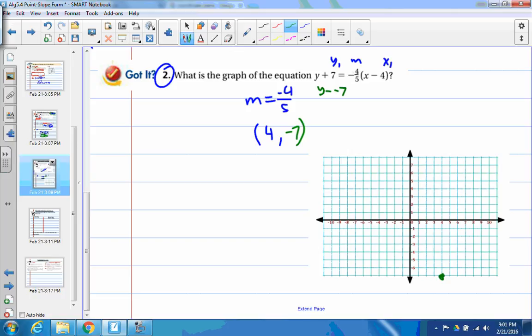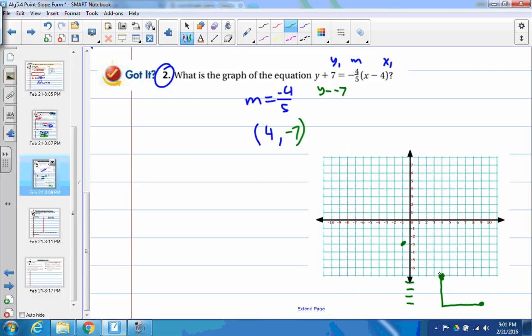So I'd go down 1, 2, 3, 4, and over 1, 2, 3, 4, 5. So it'd be right about there. I can also go backwards. I can go up 4, 1, 2, 3, 4, and back 5, 1, 2, 3, 4, 5.